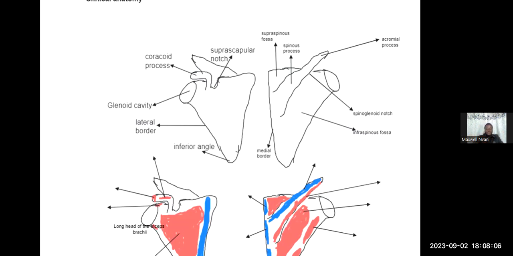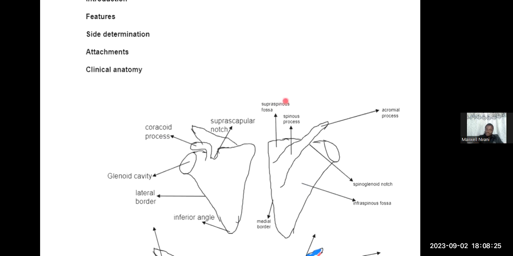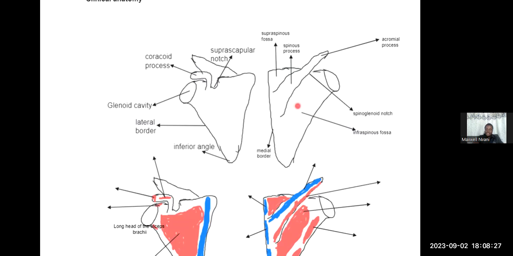The dorsal surface, however, is divided into two fossas by this spine here, the spinous process. The upper fossa is called the supraspinous fossa, and the larger one below is the infraspinous fossa. So we're done with surfaces.